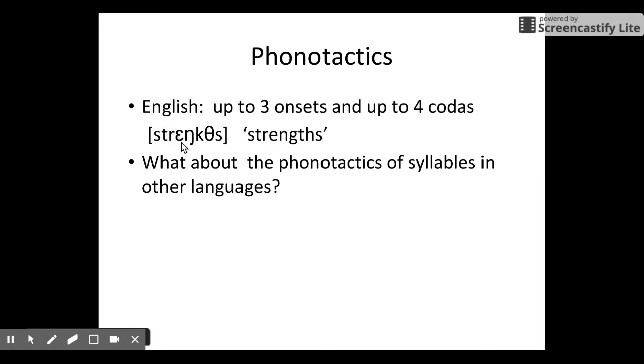The vowel is the peak, and then we have the first 3 segments as the onset, and we have the last 4 as the codas. Okay, so let's think about what the phonotactics of syllables are in other languages.